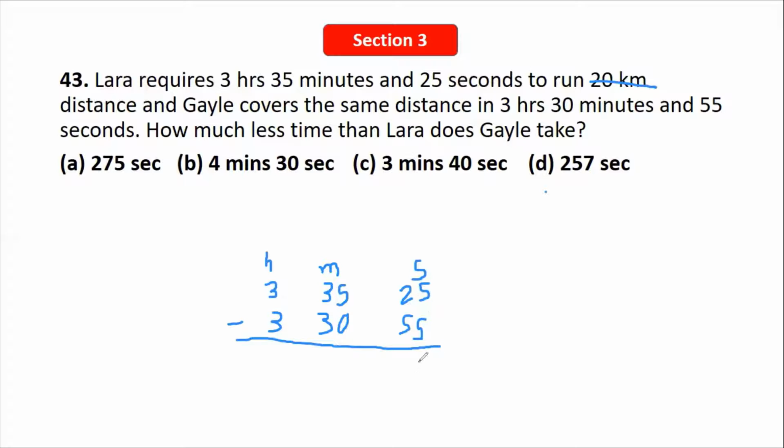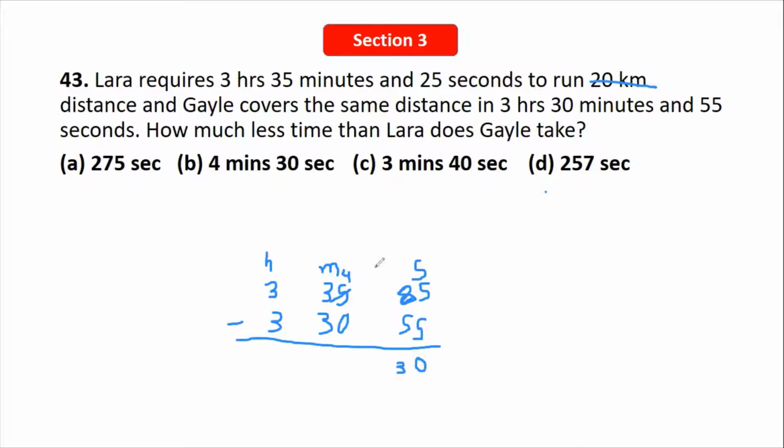5 minus 5 is going to be 0. 2 minus 5 is not possible to do. So we'll take 1 from minute and add 60 to 20 and make it 80. Now we subtract 5 from 8 and we have 30.